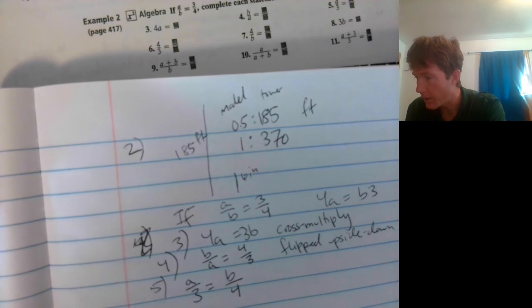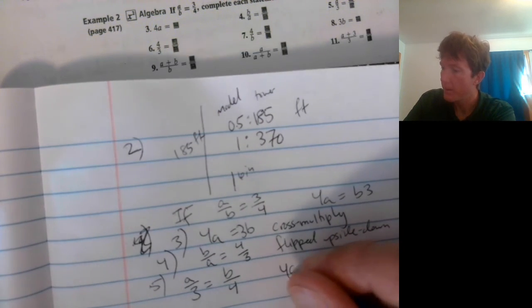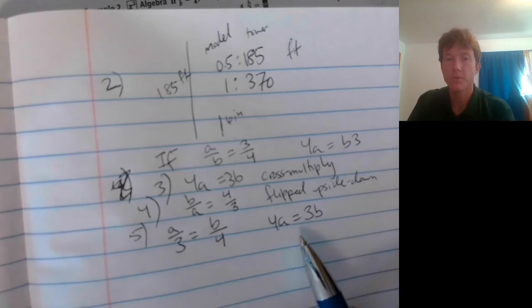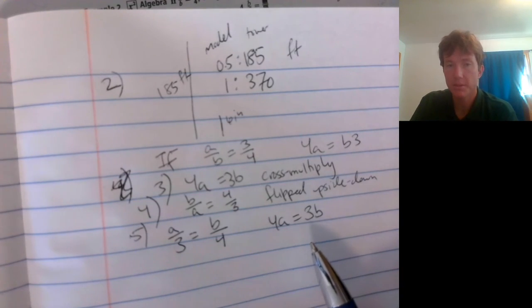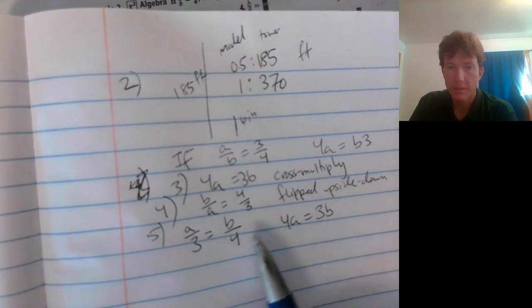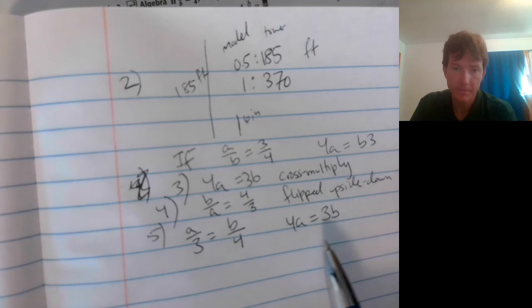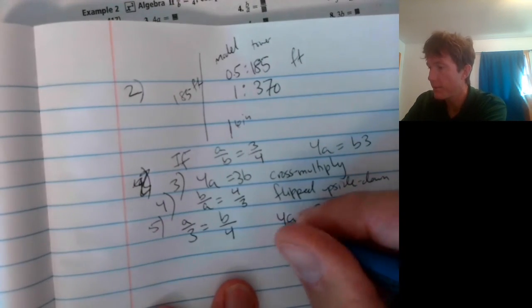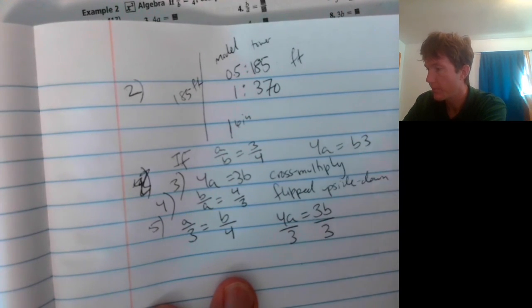Just trying to see how we could have gotten this. Look at this one. This equation here was 4a equals 3b. We got that from cross multiplying. I'm going to try and get to this equation from here. So what I'll do is I'll divide both sides by 3 first.